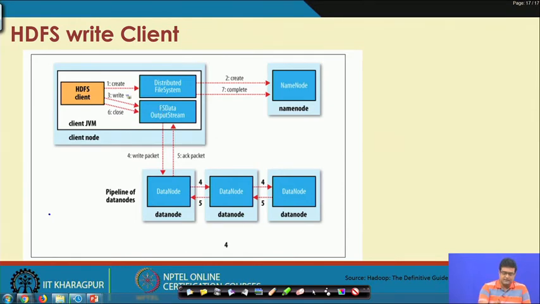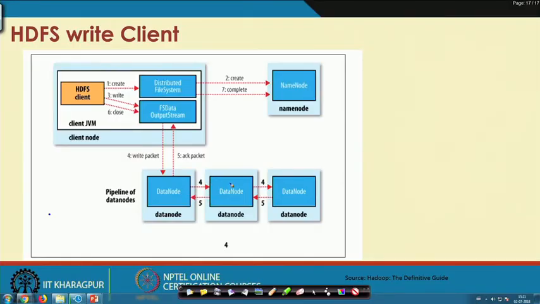Then the client writes directly to the data node. This gives the addresses of the data nodes, actually three data nodes. Whatever the replication factor is, that many data nodes are given to the client. The client issues a write request to the first data node that it receives, and then that data node takes care of things.